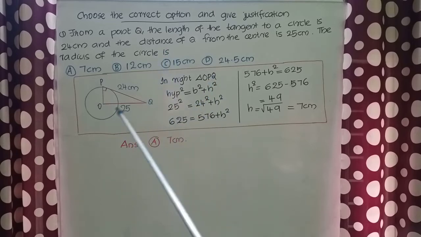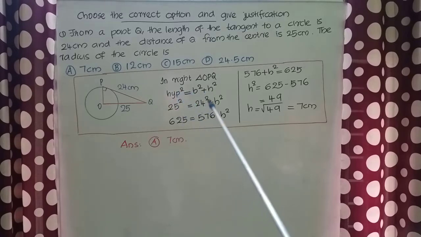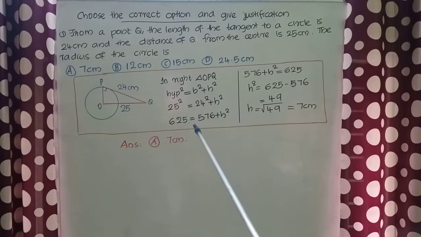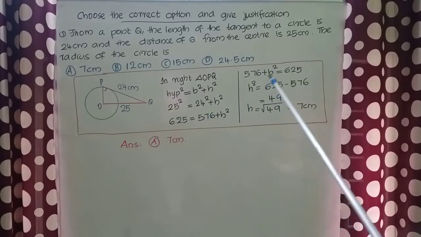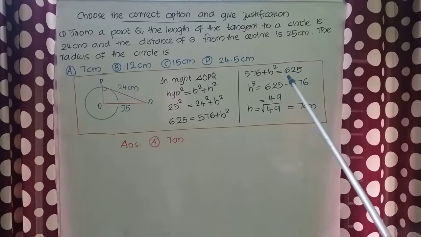Here hypotenuse is 25. So 25 square equal to 24 square plus height square. That is 625 equal to 576 plus height square. Let us change the sides. 576 plus height square equal to 625.